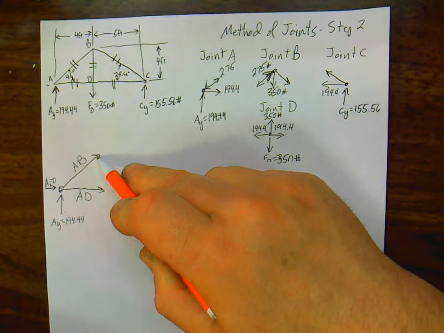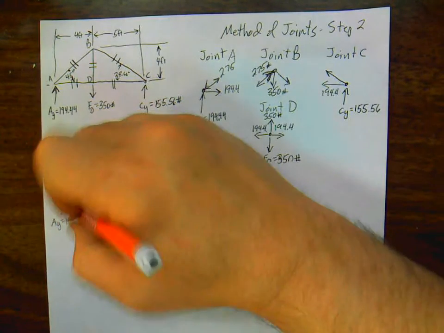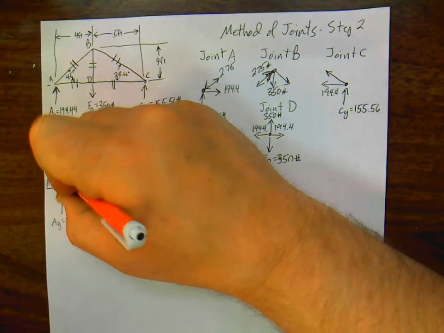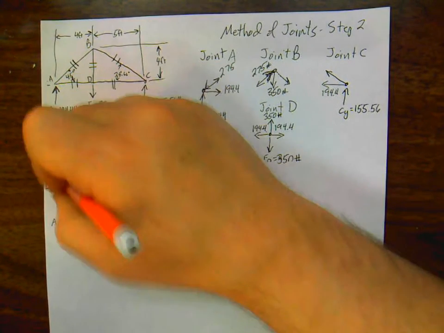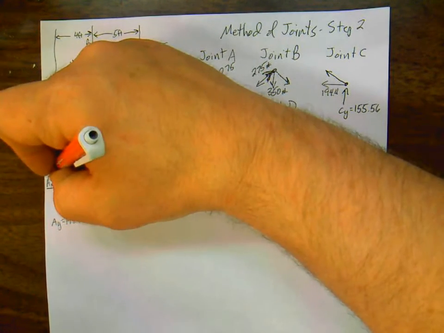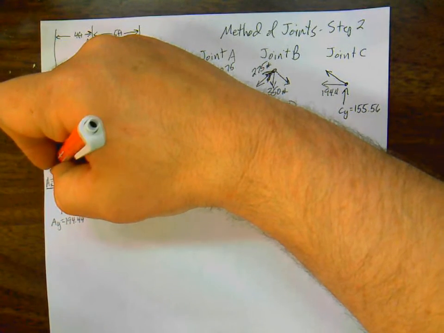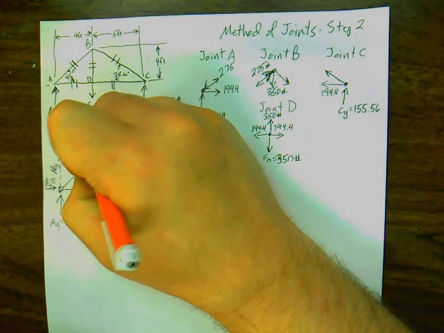So we've got to break that down into its components. If we break this down, we now also have AB in the Y and AB in the X, so that we can use these.